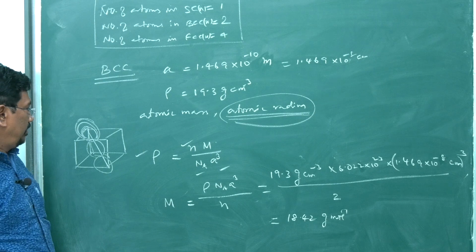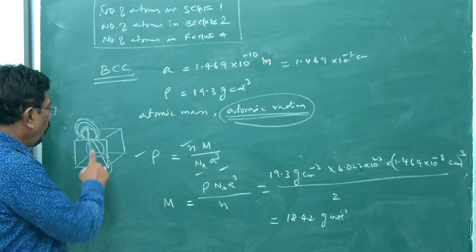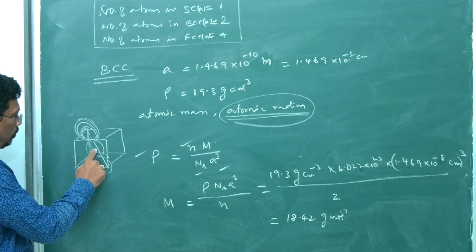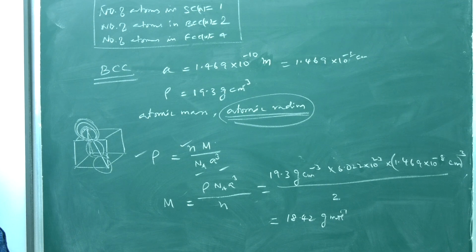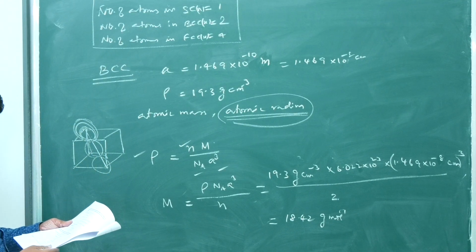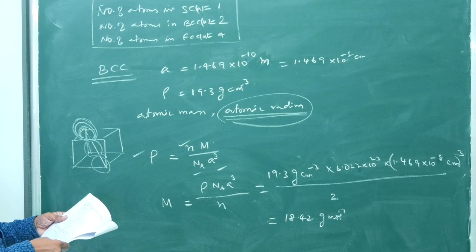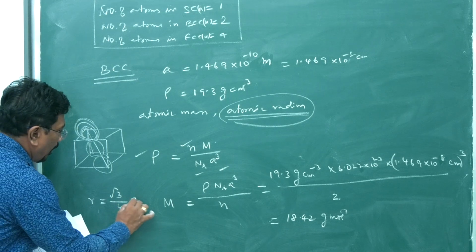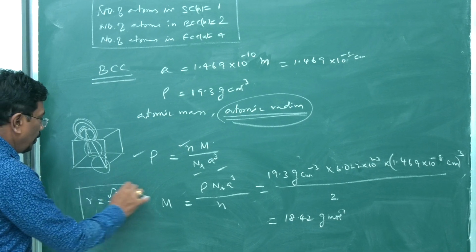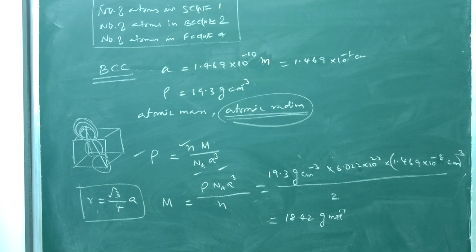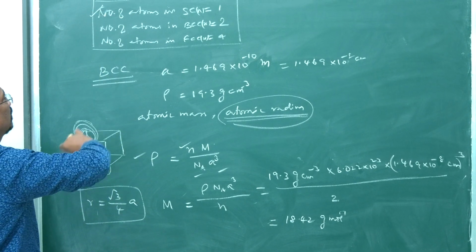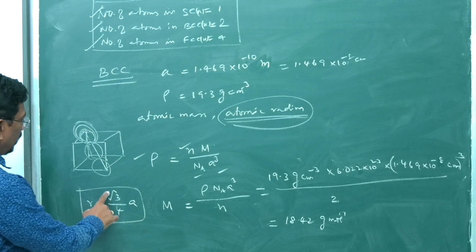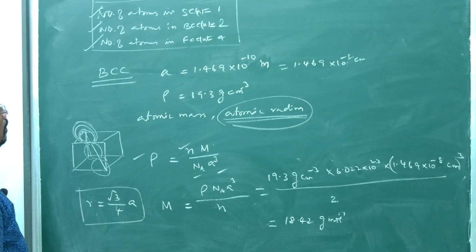This is how we made it, and therefore 4R, 1, 2, 3, 4R. What we have calculated earlier was, for BCC r is equal to root 3 by 4 a. That you may be knowing. For simple cubic, body centered cubic, face centered cubic, we have calculated. So r is equal to root 3 by 4 a.